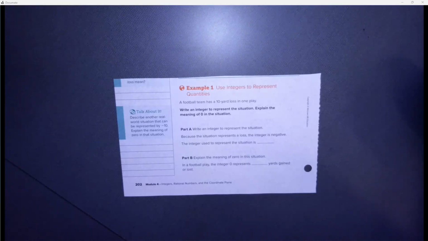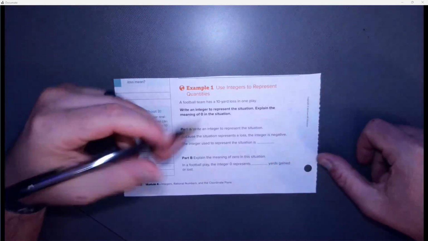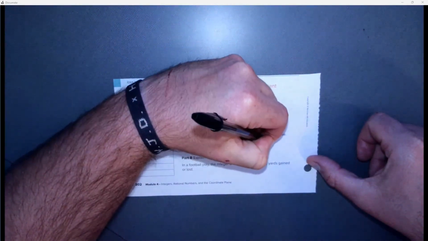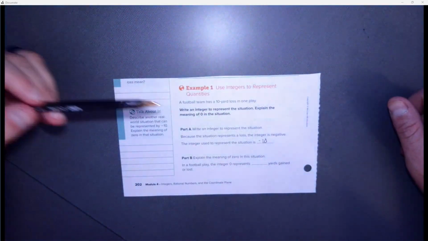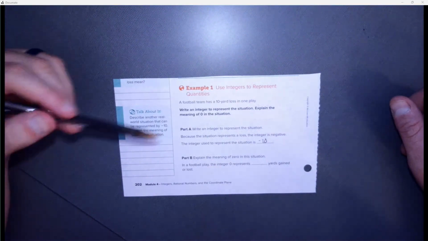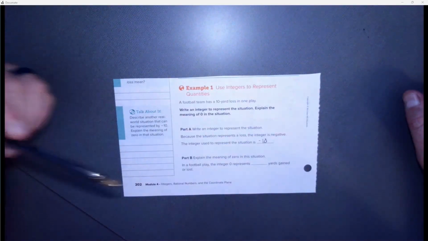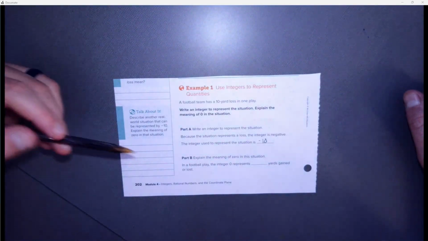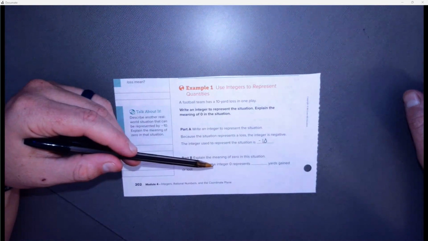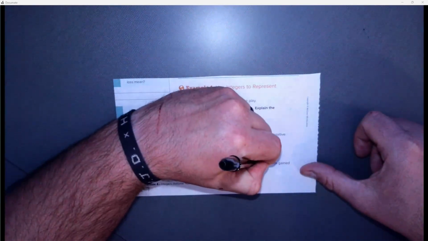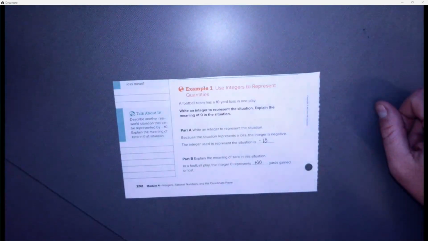The integer used to represent the situation would be -10, because the football team had a 10-yard loss, so it went negatively 10 yards. Part B, explain the meaning of 0 in the situation. In a football play, the integer 0 represents no yards gained or lost.